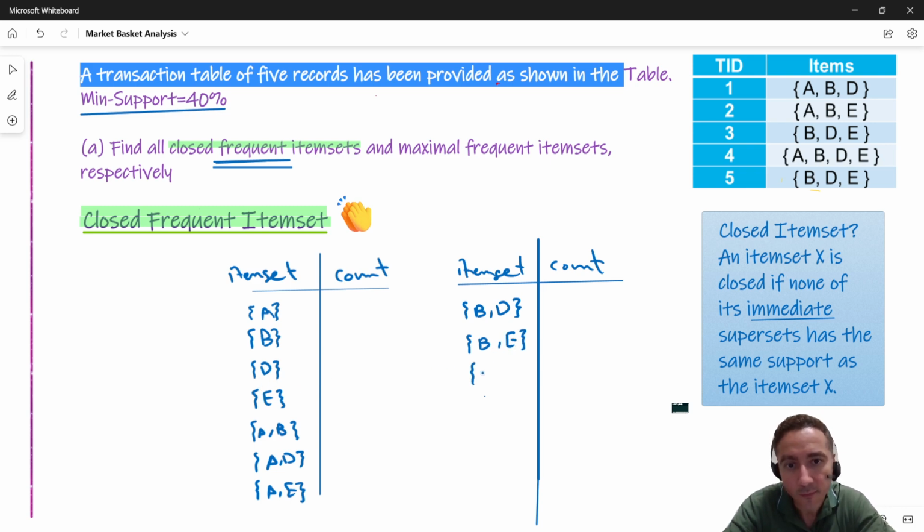Finally, DE. Now let's look into three item set. ABD. ABE. ADE.